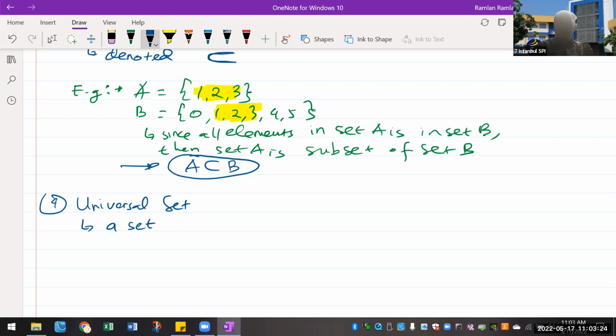Remember that in one question there should only be one universal set. Nggak bisa banyak, cuma satu di satu soal. The universal set is a set which contains all elements of other given sets.